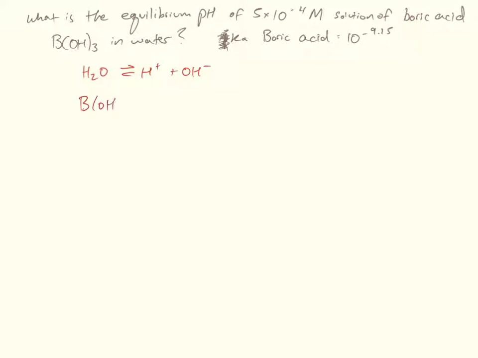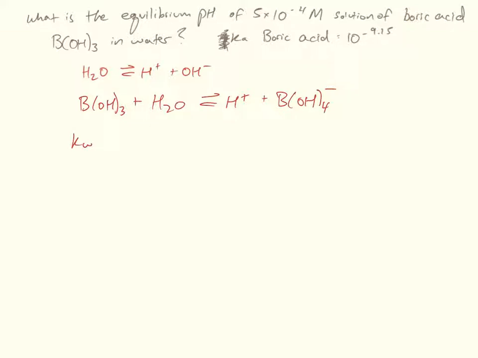This reaction is technically BOH3 goes to H plus BOH4 minus, and in order to make this work, there needs to be a water on this side. Whenever we have water on either side of the equation, its activity is just going to be 1, and so it's not going to factor into our equilibrium expressions, as we'll see.